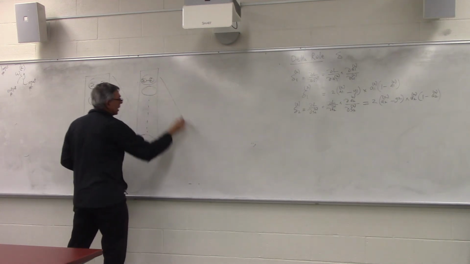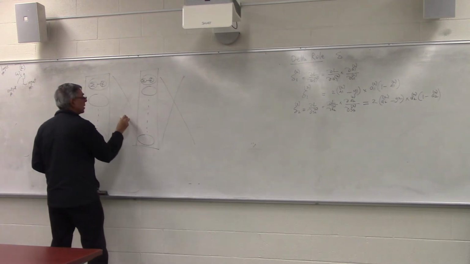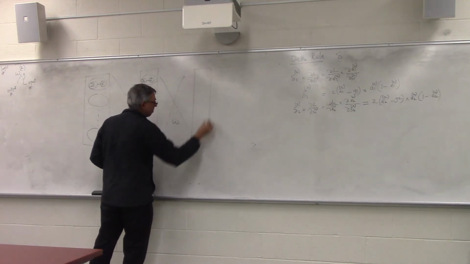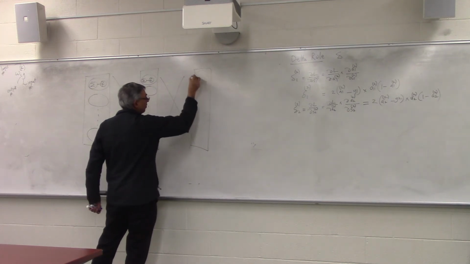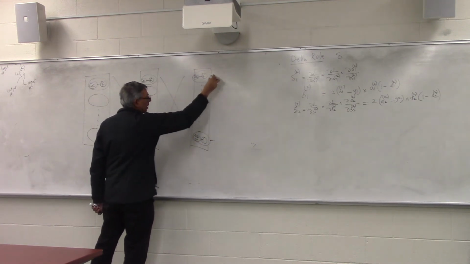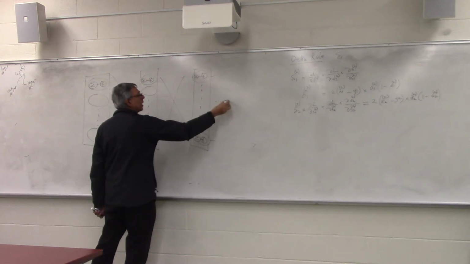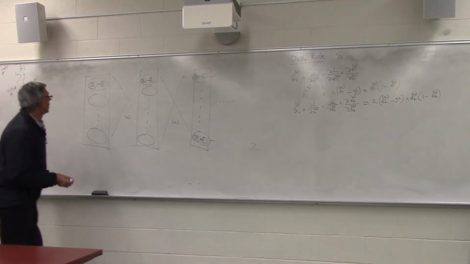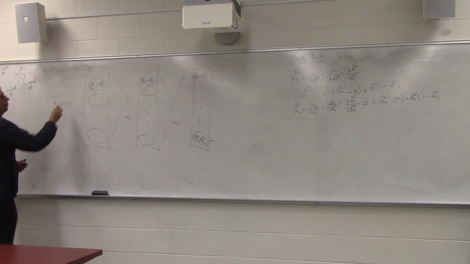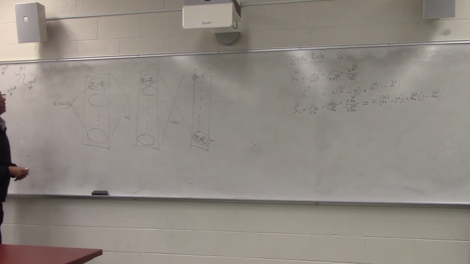Then there will be another set of weights, W's over here, W's over here, and so on and so on. So the X's will go over here, feed into all the neurons.